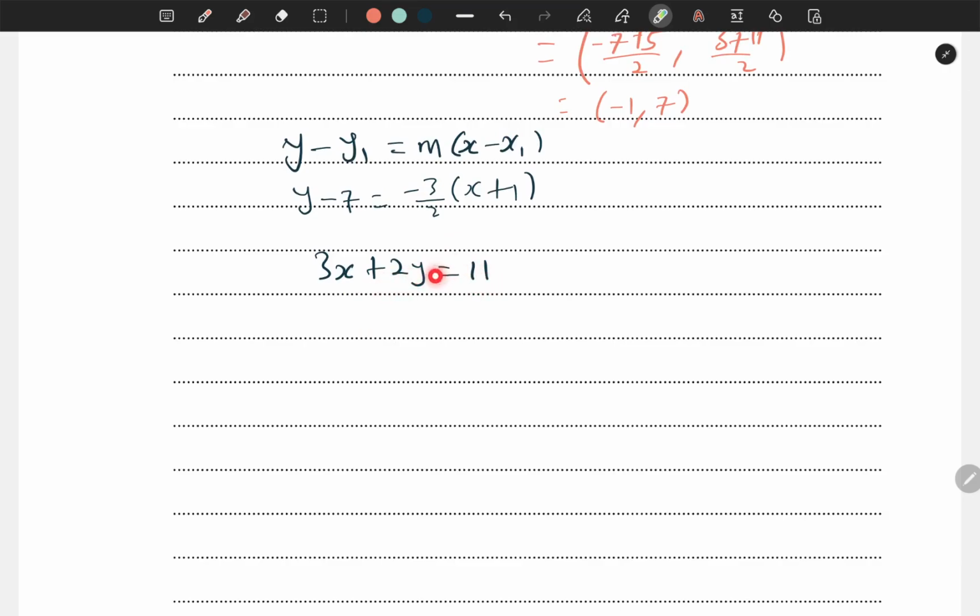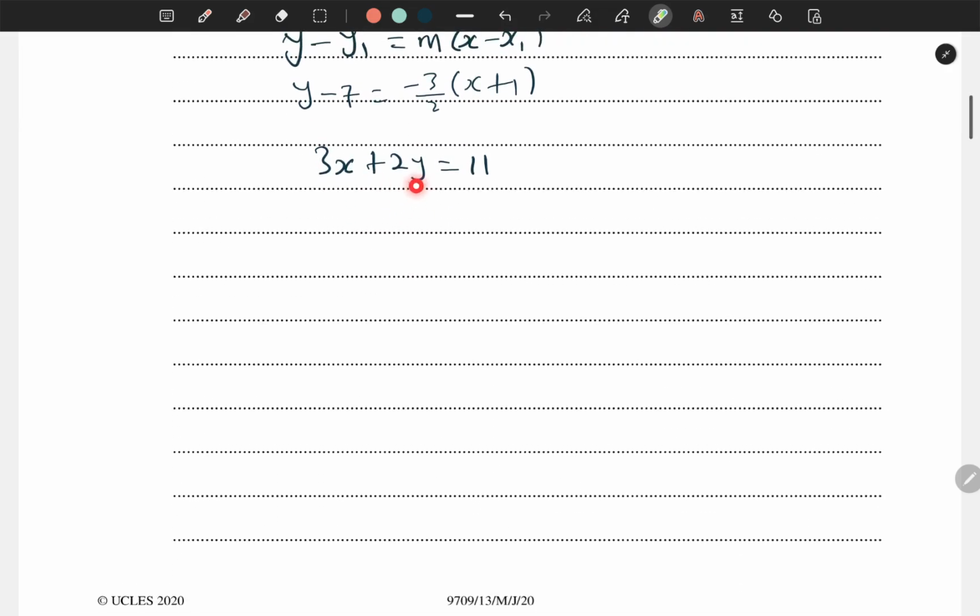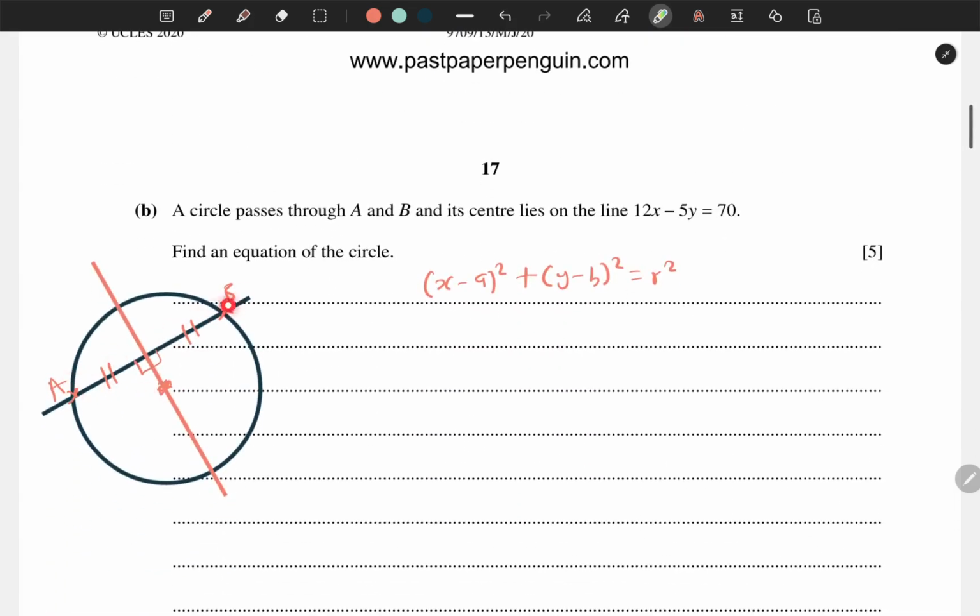For this line to be perpendicular to the line joining the points A and B, it means that the perpendicular line must pass through the center of that circle. That is clear. Now we have another line, 12x minus 5y equals 70, that also passes through the center of that circle. So what that means is that the two lines must intersect at the center.